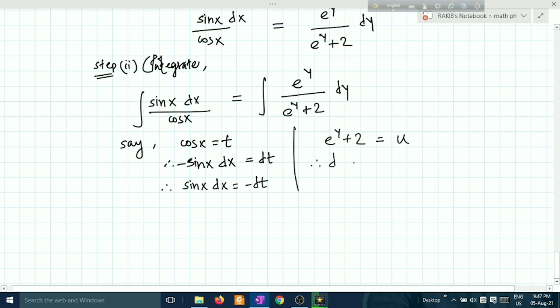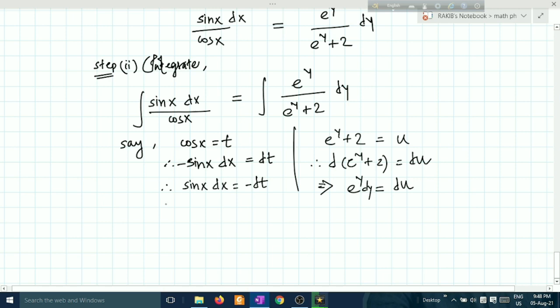Therefore, differentiating this, what will we get? The e to the power y will be differentiated, so it becomes e to the power y, and differentiating 2, we get 0. Okay, e to the power y dy equals du.